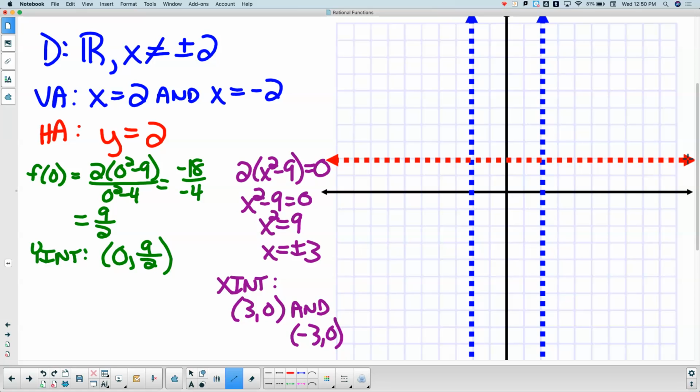Here. Let's see. Y-intercept. That's 4.5. 2, 4.5. 3 and 3.